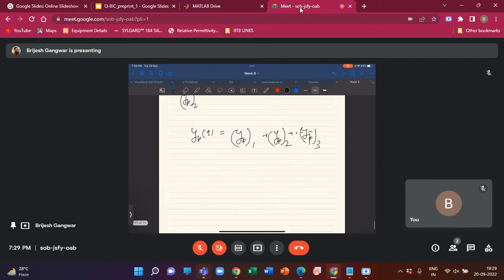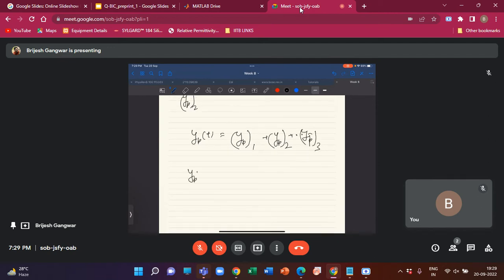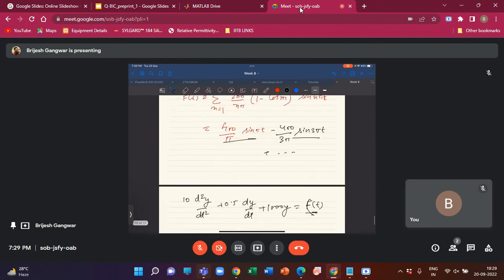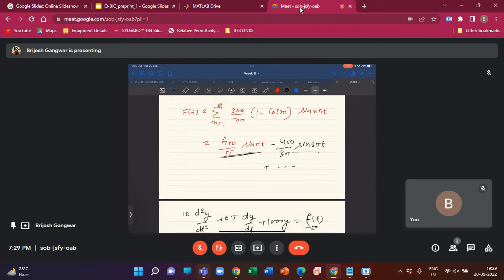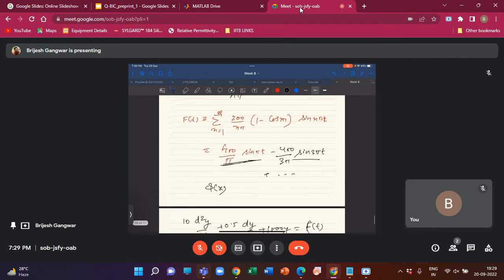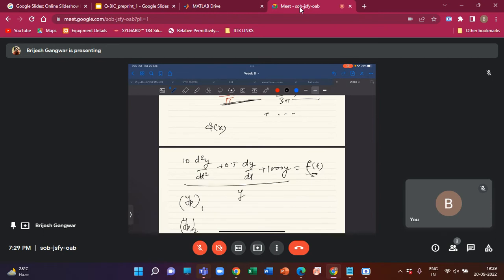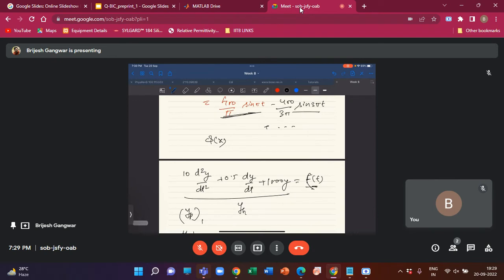So what we will get: y_p1 we will get 0.41141 sin(pi t) minus 2.5 times 10 to the power minus 4 cos(pi t). How will you get this? You simply consider this as phi(x), and for this differential equation you can find y_h, the homogeneous part. Then you consider phi(x) equal to this one.